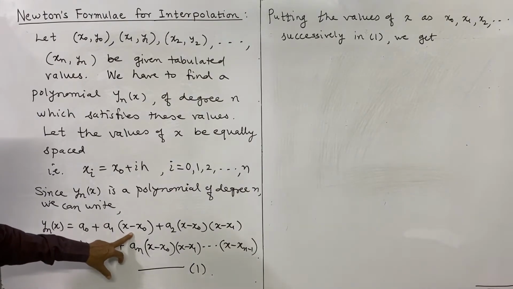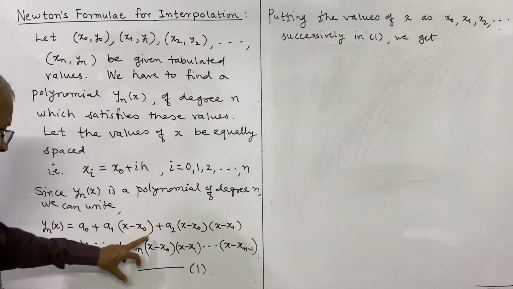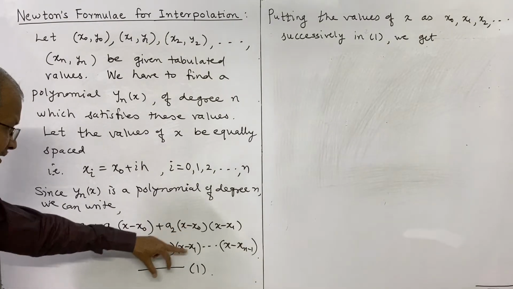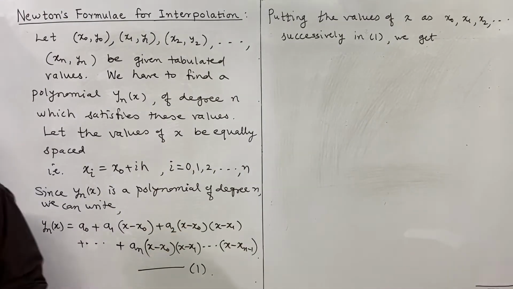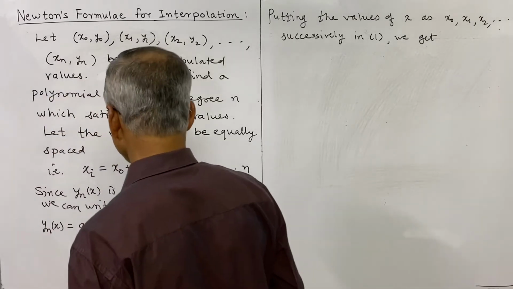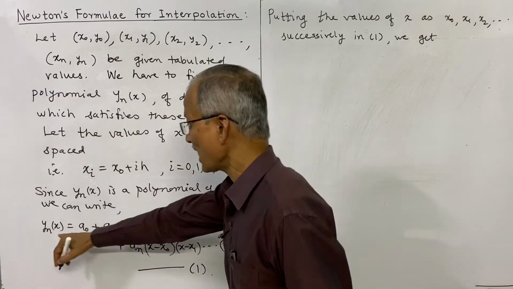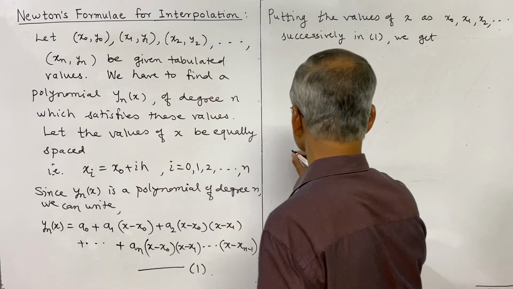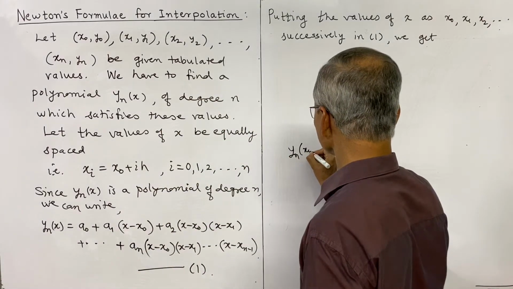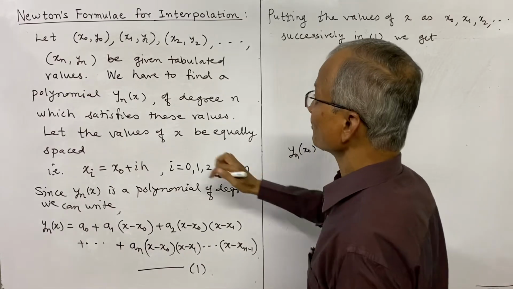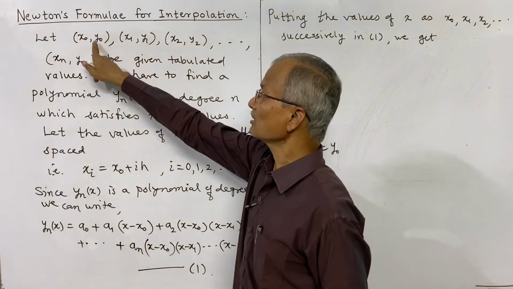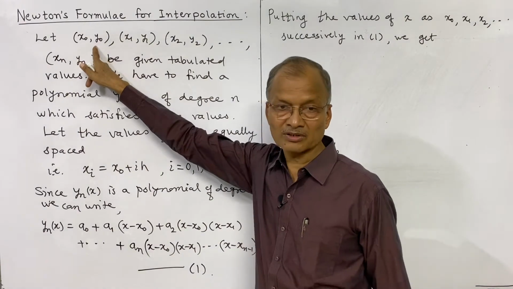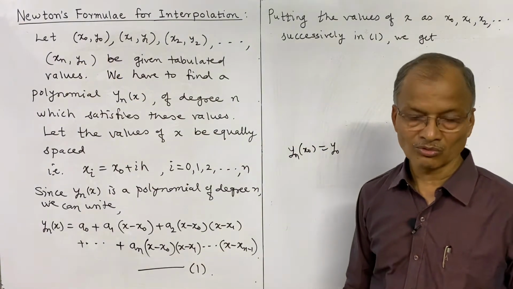If this term vanishes, it occurs in the further terms, so all the remaining terms will vanish. The value of yn at x naught is equal to y naught. At x naught the value of y is y naught. So this is the expression that we have to note.